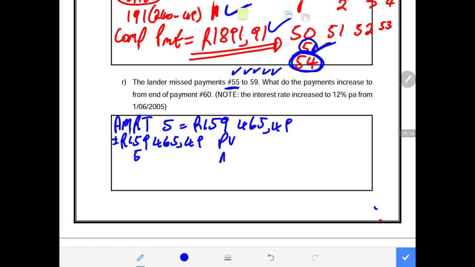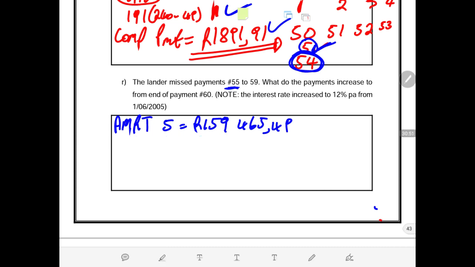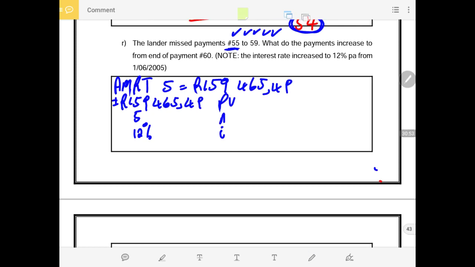Because at the time you don't pay the bank for the months that you agreed to pay, the interest is added. So your loan is increasing. Then after we have our interest, which is at 12%. Remember, the interest now is at 12%. So the interest is added at 12%.